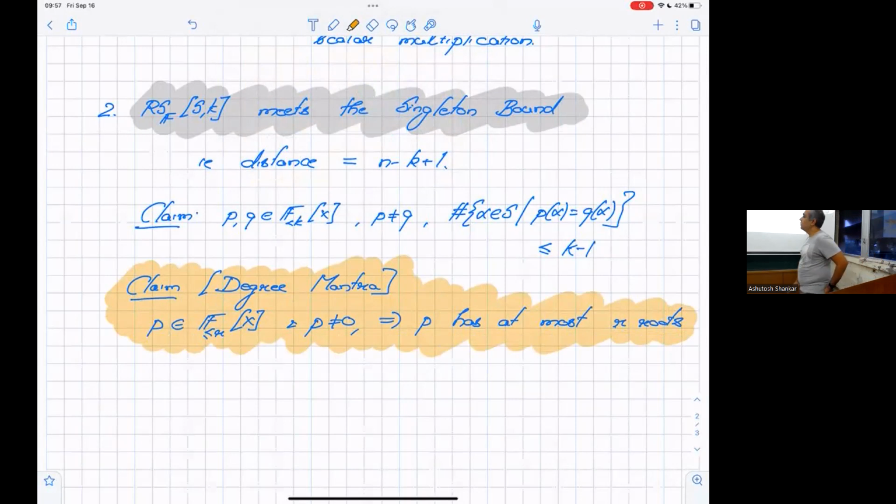Very basic question. Is every finite field algebraically closed? No, finite fields are not algebraically closed. For example, take a finite field of size P. Recall a basic fact about finite fields: x to the P minus x, everything is a solution of that.